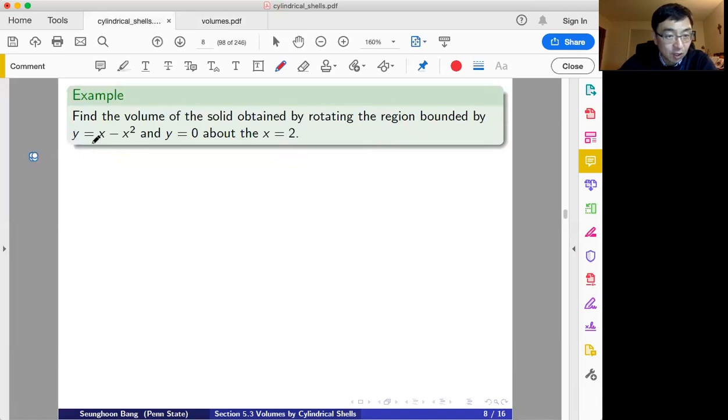You can just factor out x. What about the x-intercepts? Just x times 1 minus x equals 0. So x is 0 and 1.